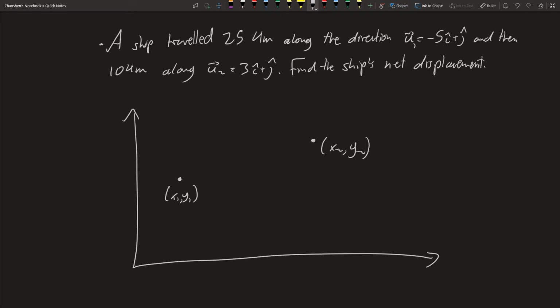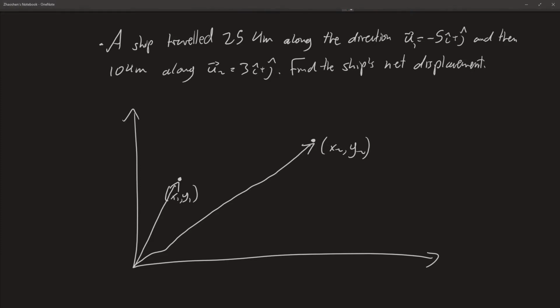This point can be described by a vector pointing towards that point, and another vector for the other point. So you're at point 1, you move to point 2, you displaced yourself. Your displacement is how much you moved, from this point to that point. This green vector is the displacement.